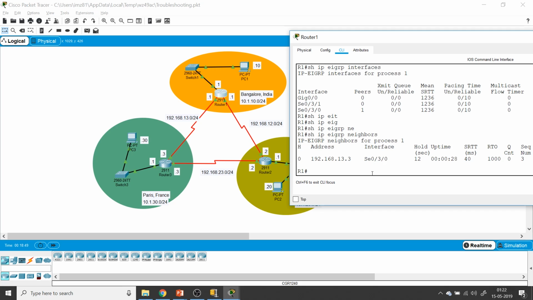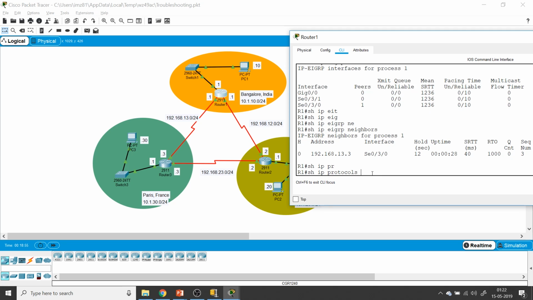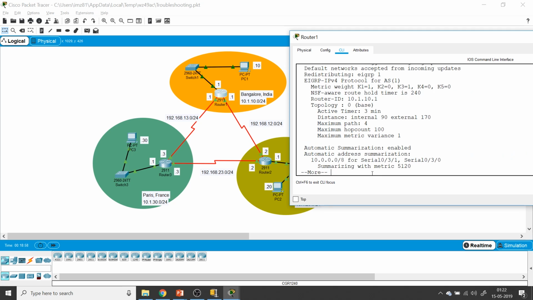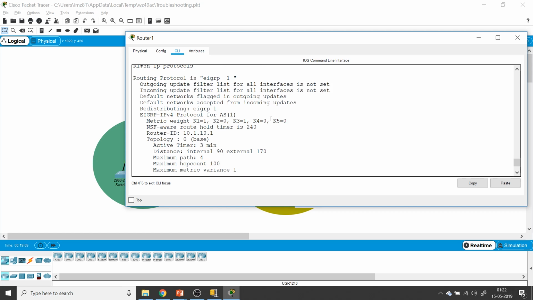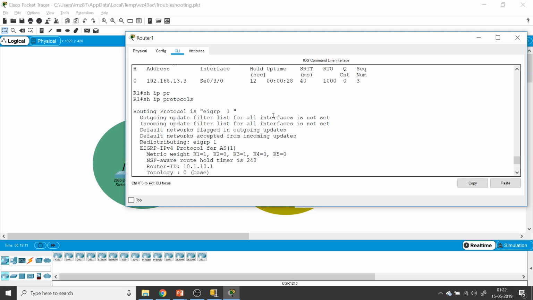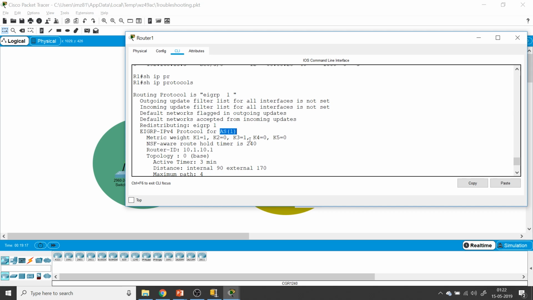So let's do this. Show IP protocols. This is one of the commands that you should check. When you hit this, you'll get a top level view of all the protocols running on this device. So you see show IP protocols. Routing protocol is EIGRP 1, AS 1.